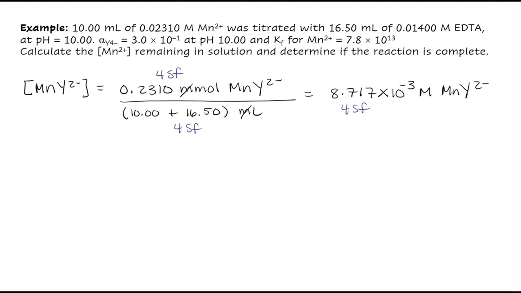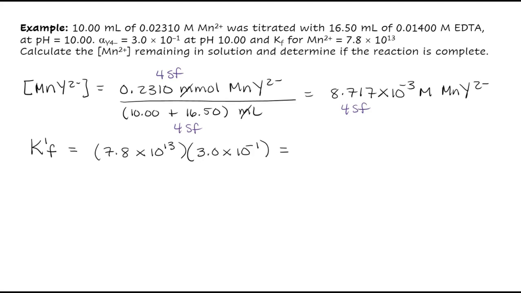We also have to calculate our conditional dissociation constant. We've got a couple steps involved. The first thing we have to do is calculate K'F, which is Kf, 7.8 times 10 to the positive 13, times the value of alpha at pH 10, which is 3.0 times 10 to the negative 1.